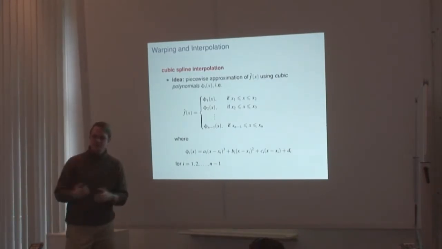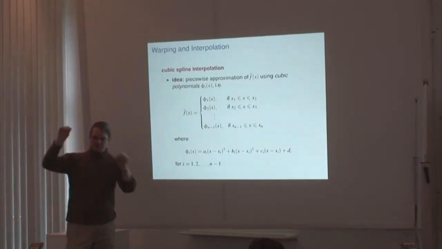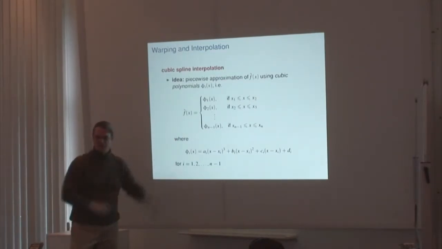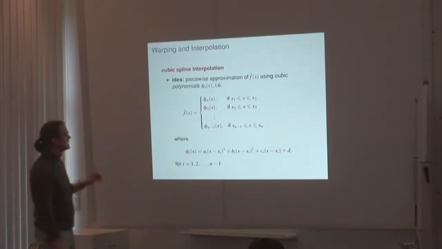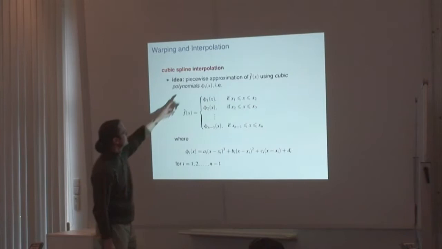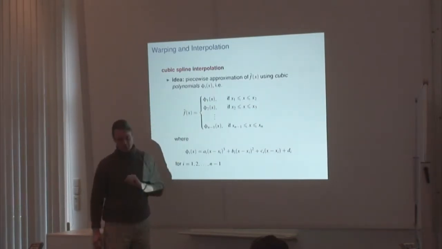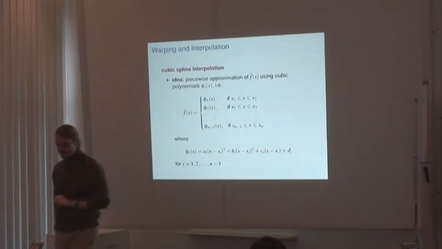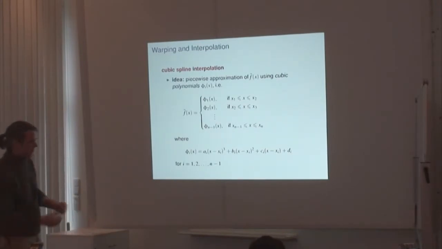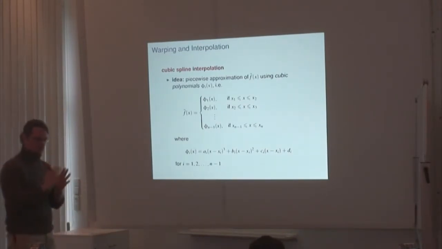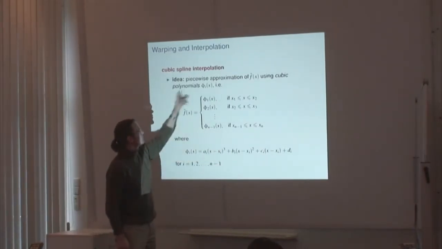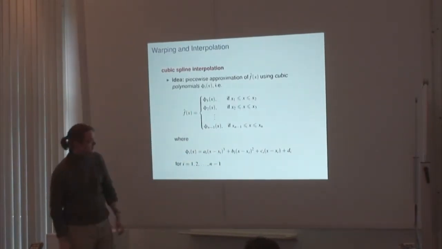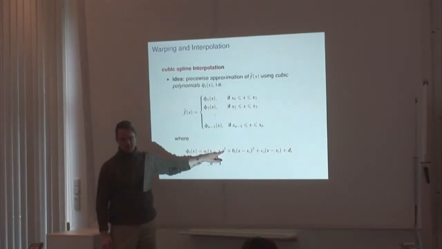In the case of linear interpolation, we stitched it together using line segments. So we said it was piecewise linear. And here we want to have it piecewise polynomial. In fact, we constrain the order of the polynomial to be 3. When I say cubic polynomials, what that means is that the order of the polynomial is 3.